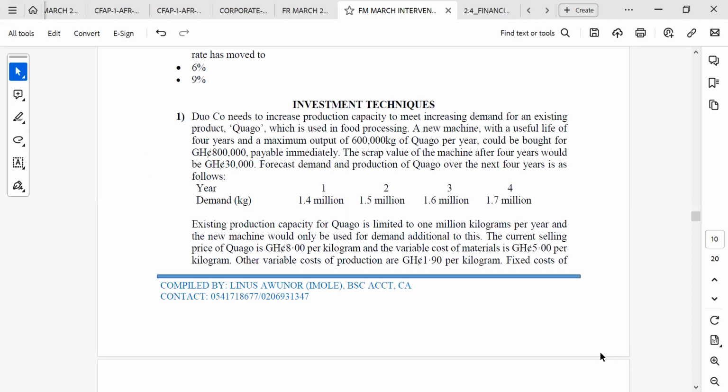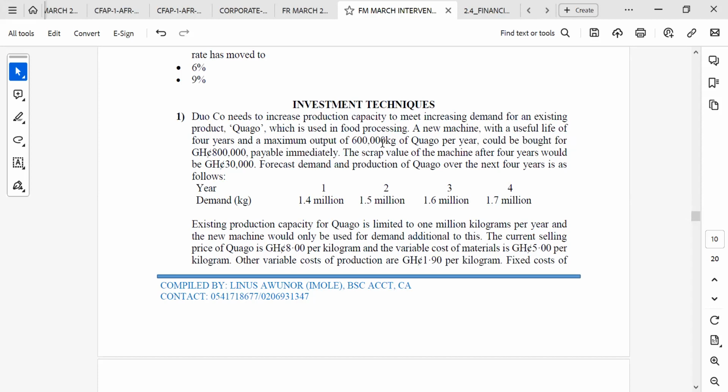Yes. Okay, so Dioco needs to increase production capacity to meet increasing demands for an existing product, Kwego, which is used in food processing. A new machine with a useful life of 4 years and a maximum output of 600,000 kilograms of Kwego per year could be bought for 800,000 Ghana cedis, payable immediately.